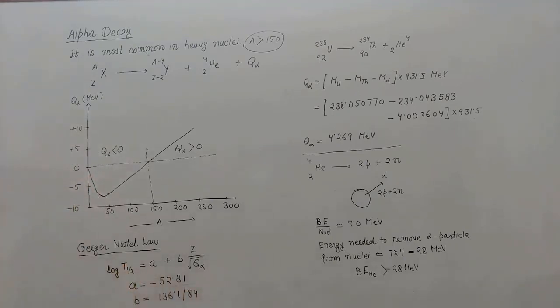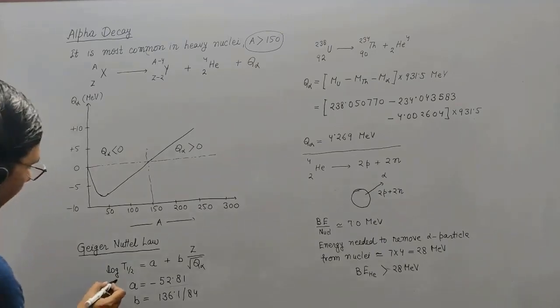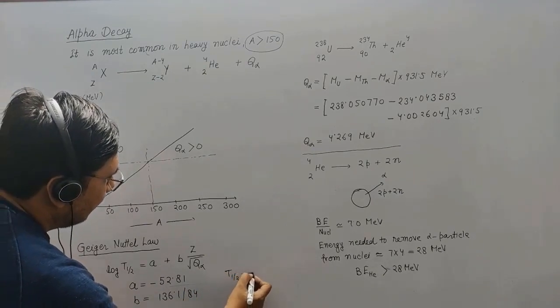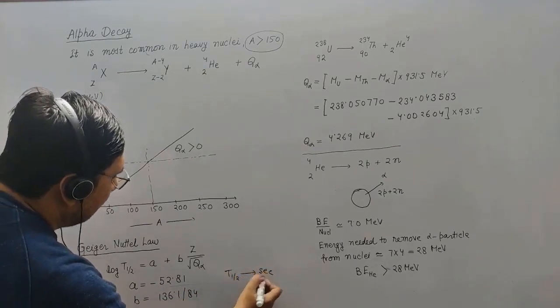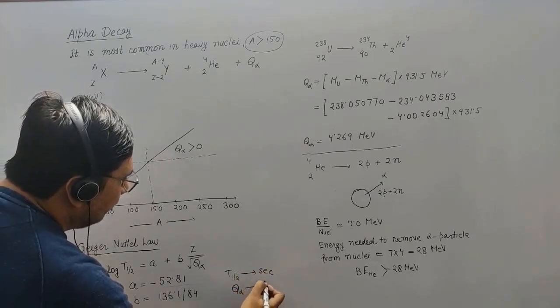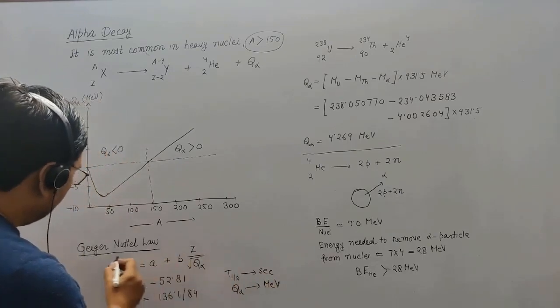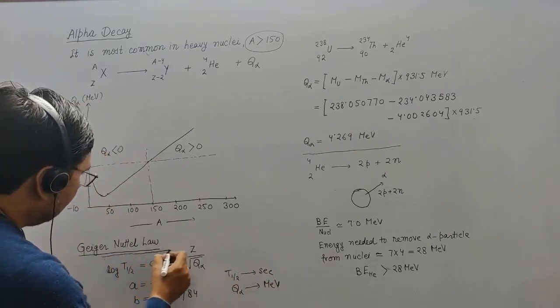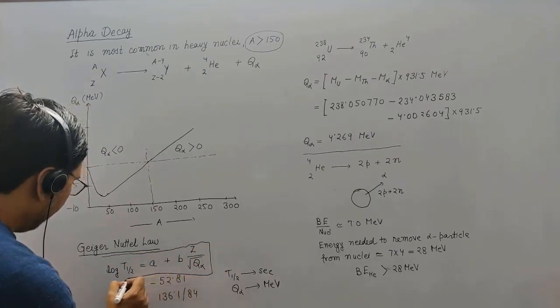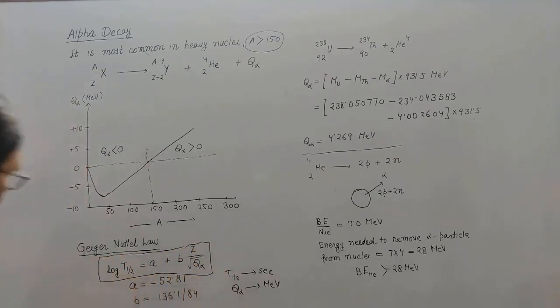Here you have to remember that T half is in seconds and Q alpha is in MeV. Directly you can substitute these. So this equation is known as the Giger-Nuttall law. This was the equation.